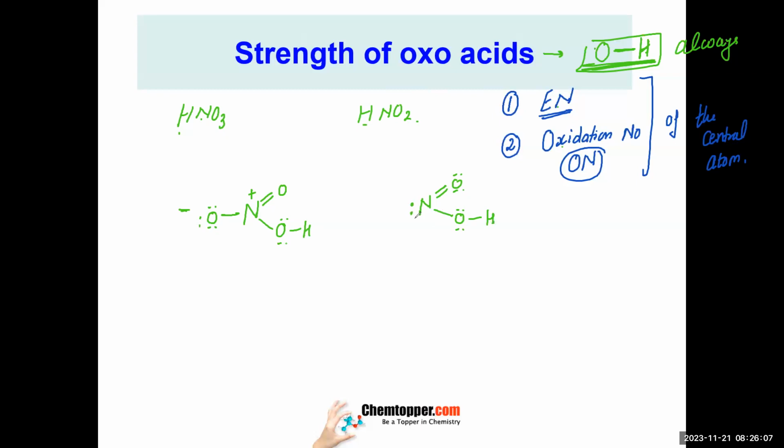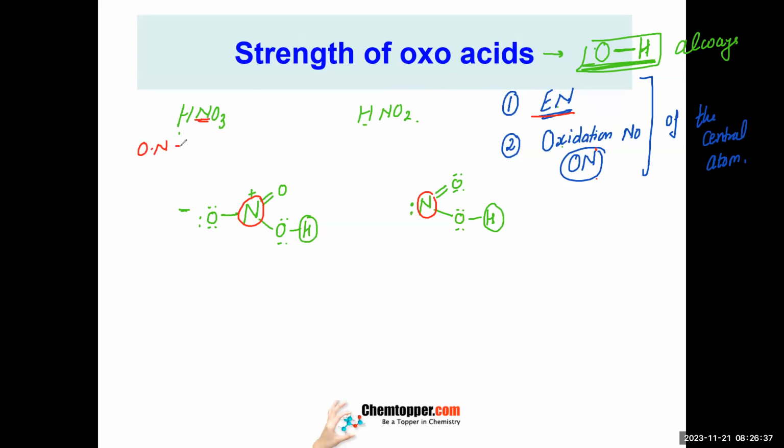If you check the formal charge here, there is no formal charge on nitrogen. This hydrogen is acidic. Central element is nitrogen in both, so I cannot use the first factor because electronegativity is the same. I'm going to work with the second factor, oxidation number. Can you calculate the oxidation number of this nitrogen?